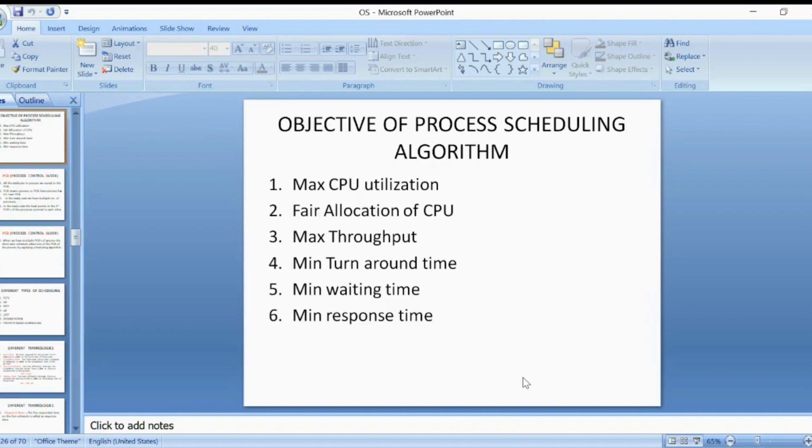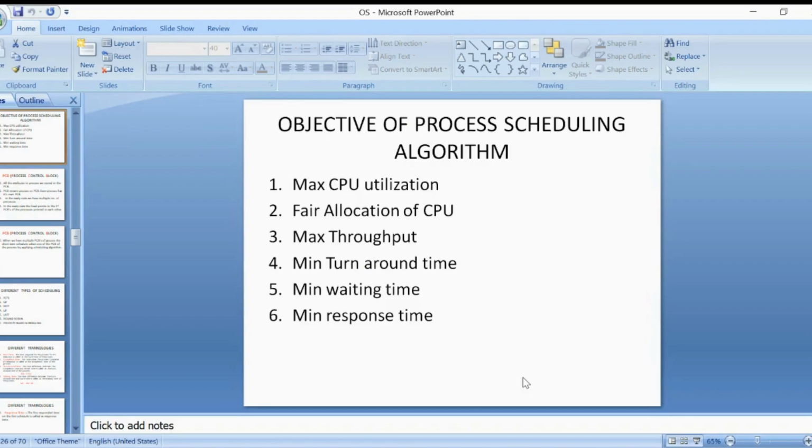Now coming to the third one, that is maximum throughput. In operating systems, it is the amount of work completed in a unit of time. Now coming to the fourth one, that is minimum turnaround time. The amount of time it takes to complete a process is called the turnaround time. Now coming to the fifth one, that is minimum waiting time.